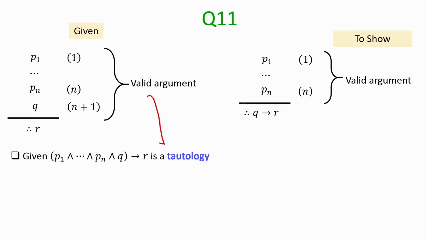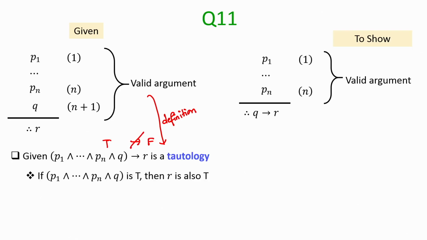Since we are given that this argument form is valid, as per the definition of a valid argument, I can say that the conjunction of p1 to pn and q implies r is a tautology. That means it is never possible that your left hand side is true and RHS is false. That means, if my LHS is true, RHS is also true.